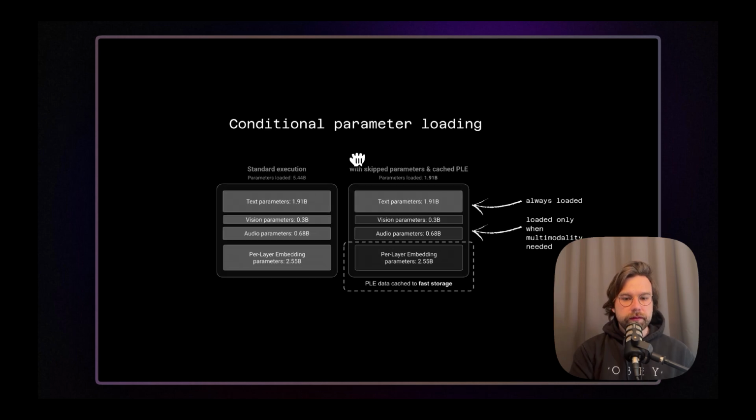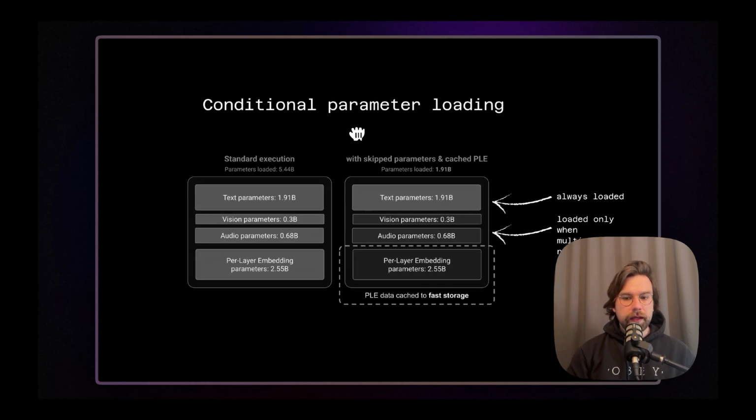So the first thing that we need to notice here is that the model uses something that they call conditional parameter loading. The model is multimodal. It can process vision, images, video, and it can also process audio. Currently, the model that they released is only able to process text, but this architecture technically allows us to process vision and audio as well.